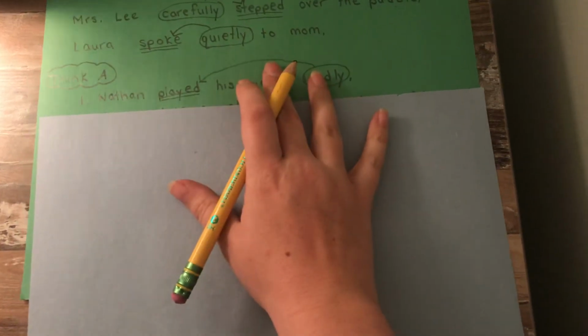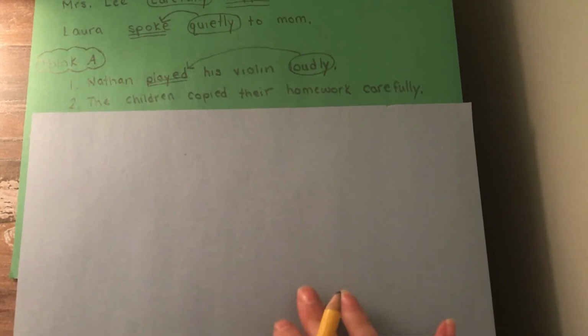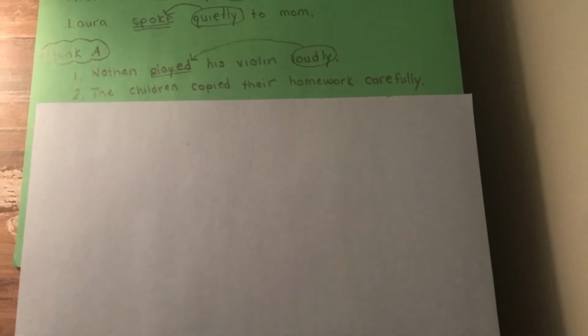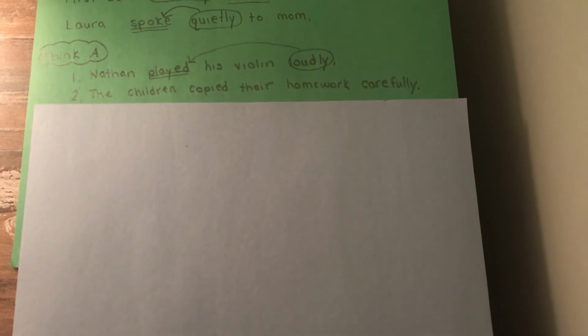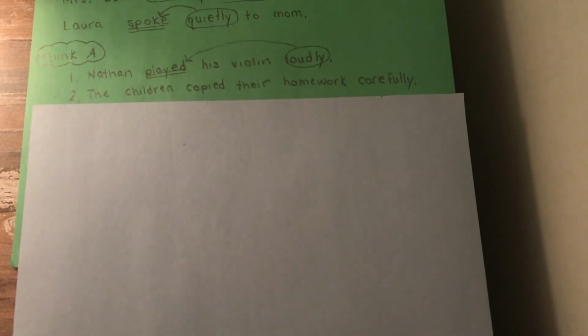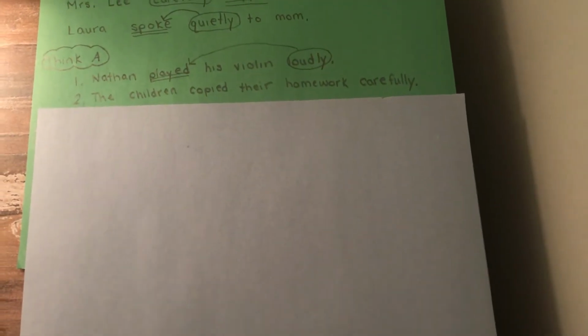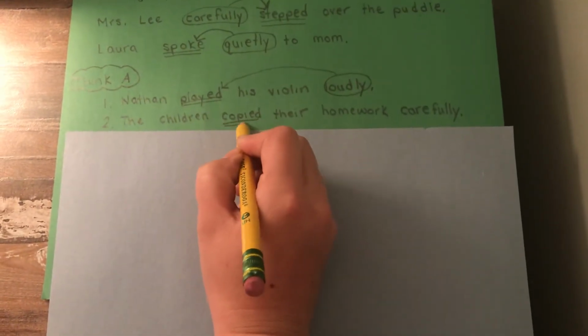Okay, then we have our next one. The children copied their homework carefully. So first we find our verb. What is the verb? Think to yourself. Go ahead and mark it on your page because this is number 2. Underline your verb twice. Okay, so you should have underlined twice copied. That's what they're doing in the sentence.